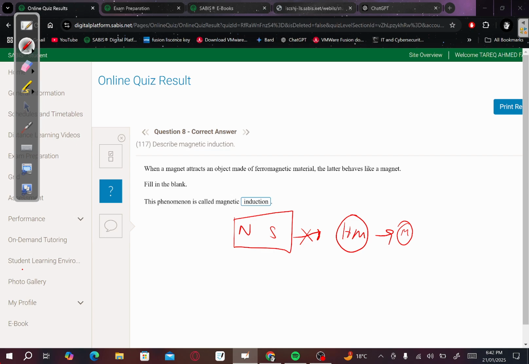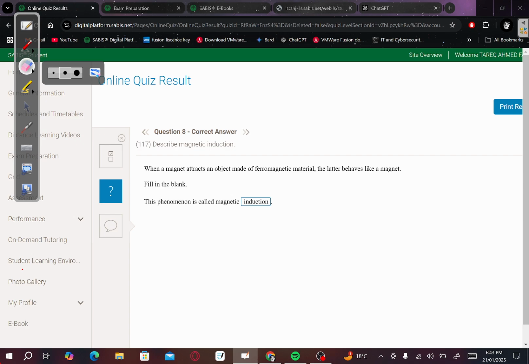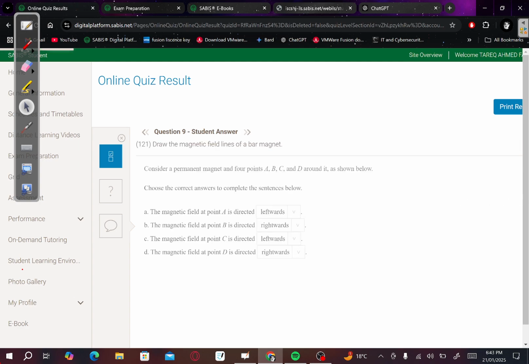It's permanent. However, if it's soft, so I swap this H with an S, this no longer magnetizes. Soft is very easy to magnetize, but very easy to lose its magnetism. Hard is very hard to magnetize, but very hard to lose its magnetism. Hard, hard. Easy, soft.